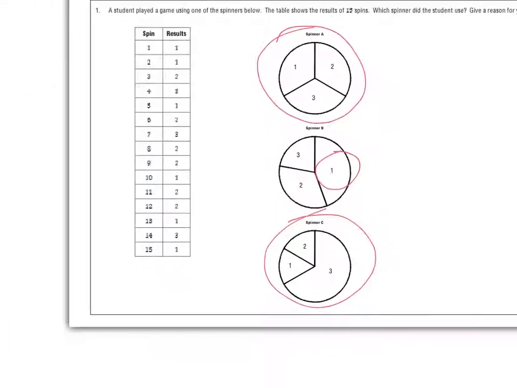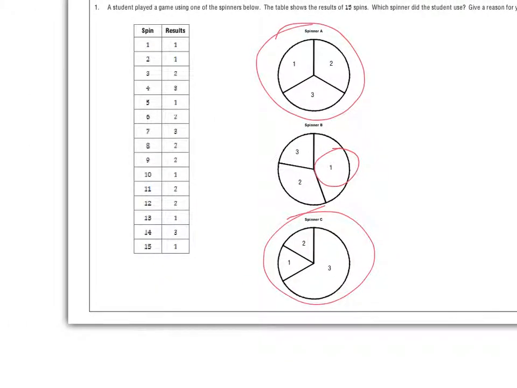And I'm just going to tally up what my totals are. So I'm going to make a table: 1, 2, and 3, and my outcomes, the number of times I got it. So I have 1, 2, 3, 4, 5, 6 ones.